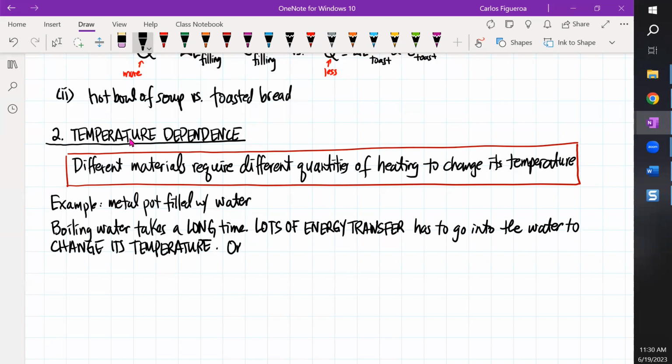On the other hand, the metal pot quickly heats up.